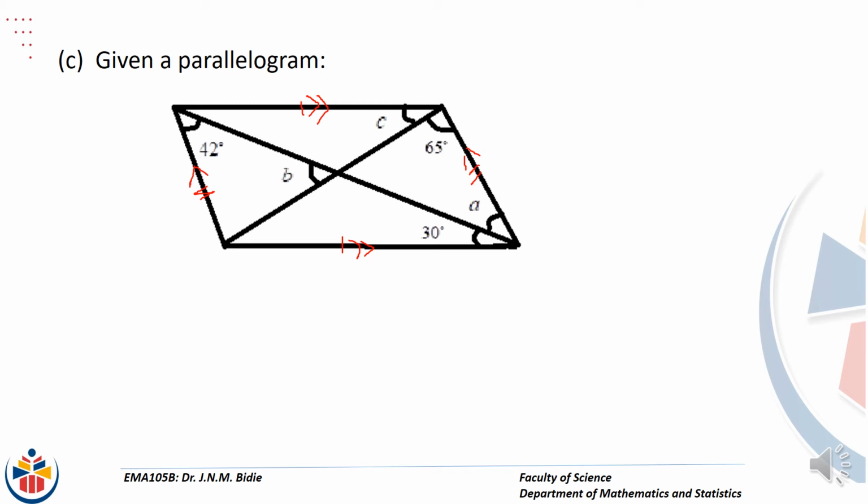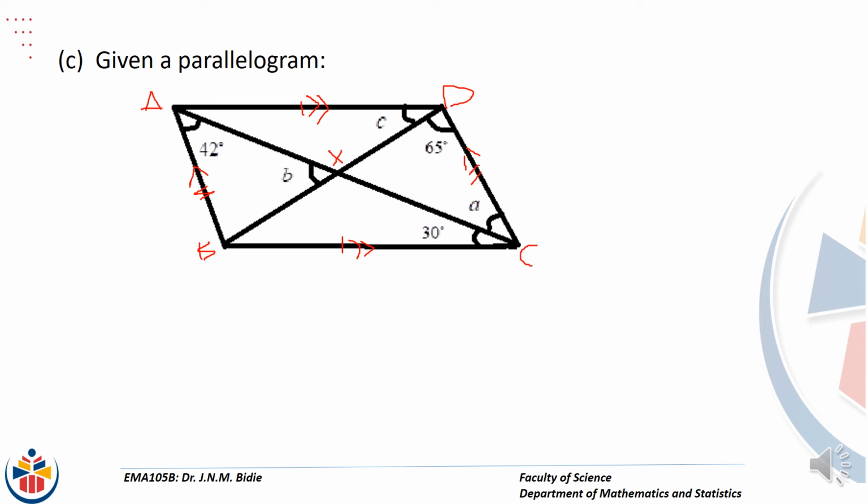It would help to also label your parallelogram. We've got A, B, C, and D. And then if you've got 42 degrees, let's say I have here X or O, whichever letter you choose to use.